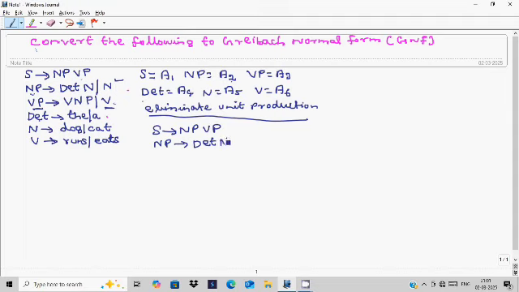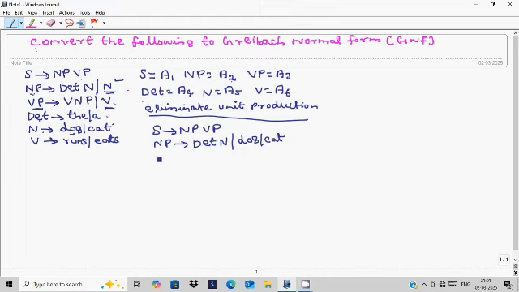And now the next is called as a unit production. That means I have to take this N out. So N is called as a unit production now. So we have to see what is the replacement for this N. N can be replaced by dog and cat here. So we will write here N can be replaced by dog and it can be also replaced by cat.